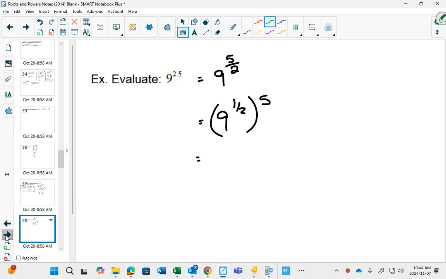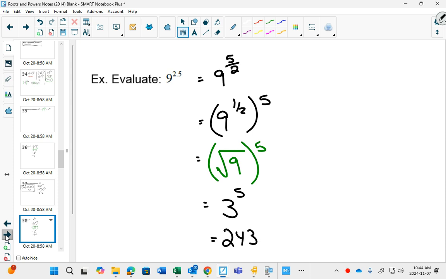I would probably skip this green step and just say 9 to the 1/2 is 3. Anybody know what 3 to the 5 is? Mental math, 3 times 3 times 3 times 3 times 3? 243.